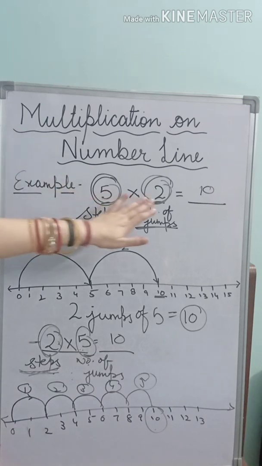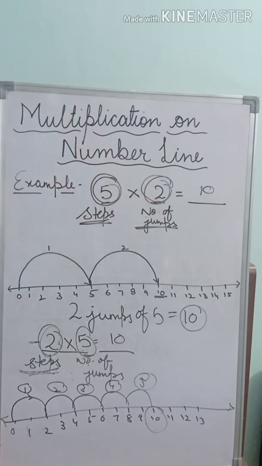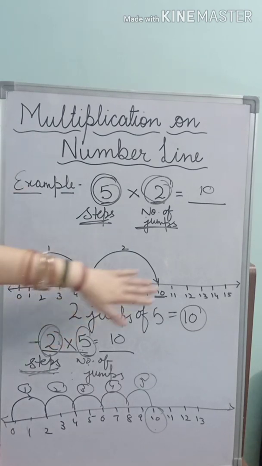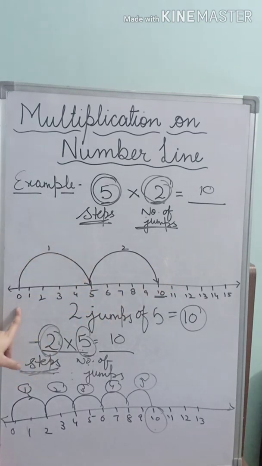Like 5 into 2, 5 2s are 10, or 2 into 5, 2 5s are 10. Be very careful while counting. You should not miss any number. Always begin with 0. Okay. So draw your own number line now, take different numbers, try multiplying them and see what answer you get. Also cross-verify your answers with the multiplication table to check whether you have got it correct. Okay.